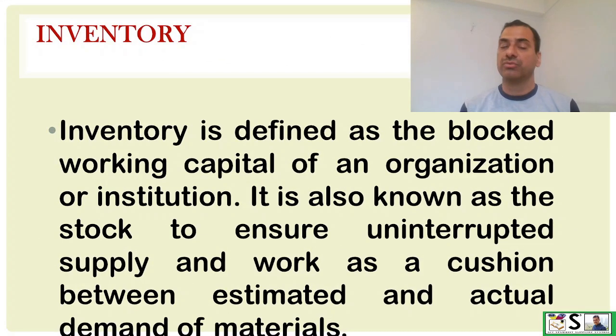First of all, we should understand what is inventory. Inventory is defined as the blocked working capital of an organization or institution. It is also known as the stock to ensure uninterrupted supply and work as a cushion between estimated and actual demand of material.